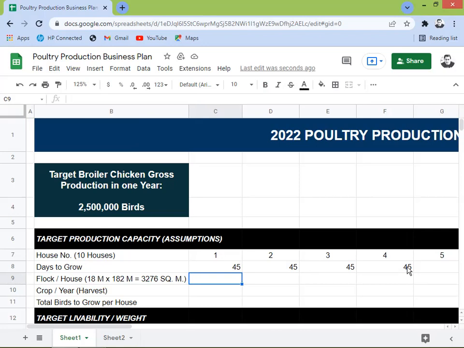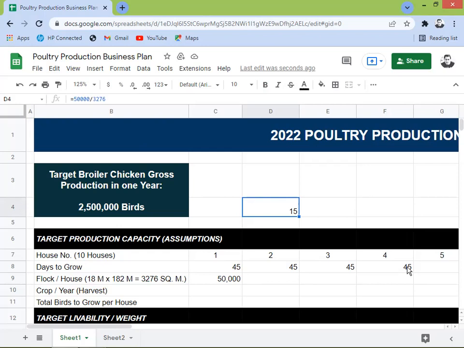So I'll go in the middle and take the average of 50,000. When you divide 50,000 by 3276 square meters, that would be 15 birds in 1 square meter.